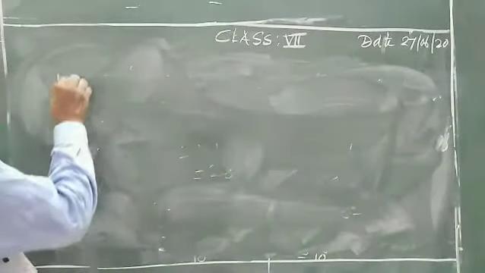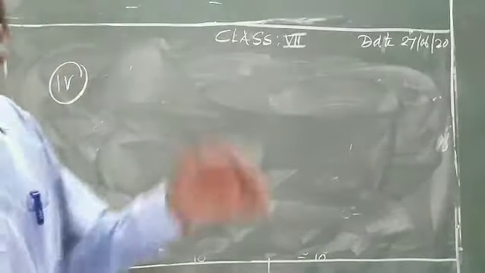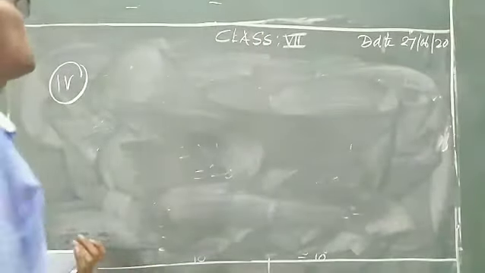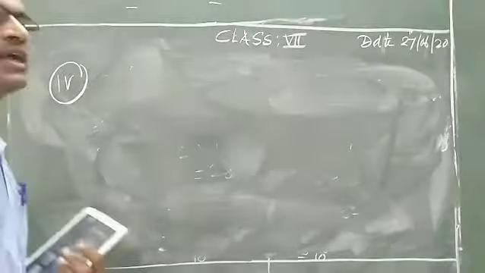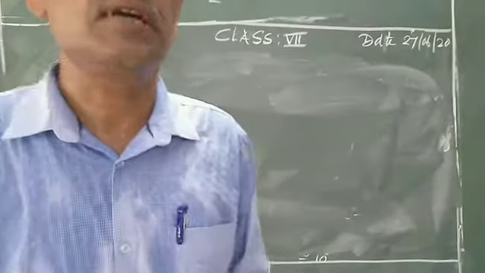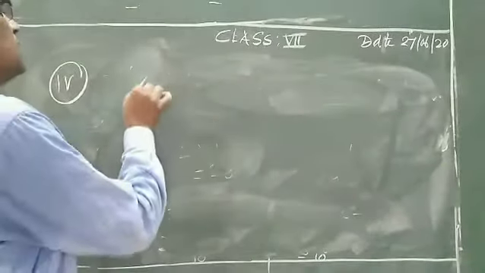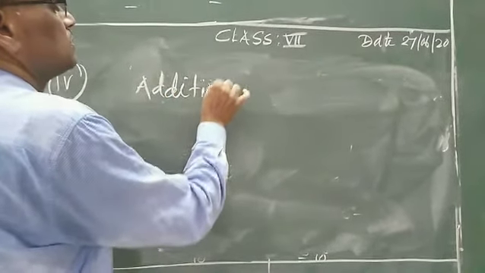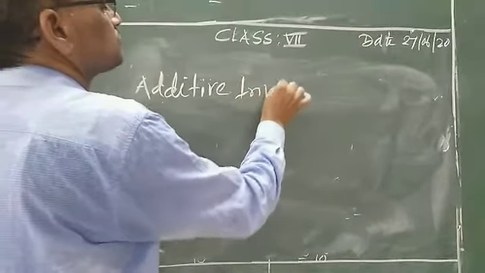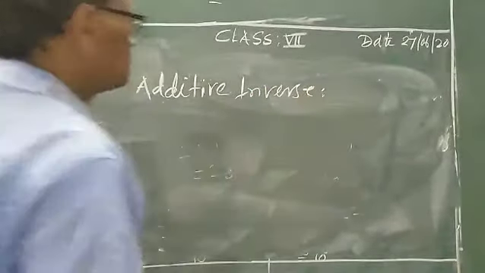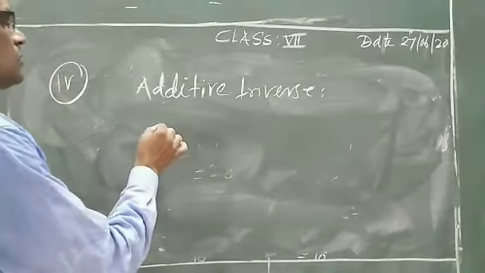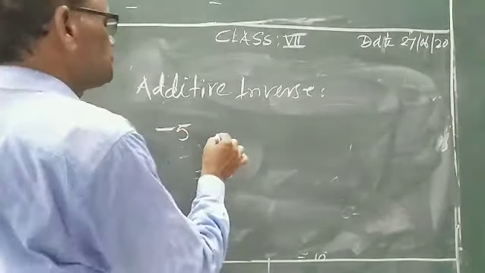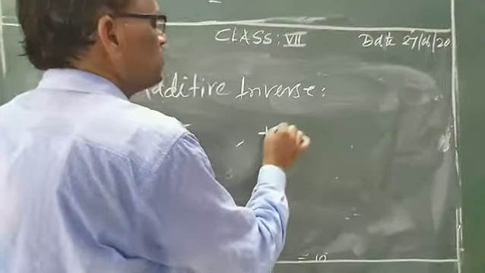Another one: what is the additive inverse? Additive inverse means opposite numbers. You see here, the additive inverse of negative 5 is positive 5.